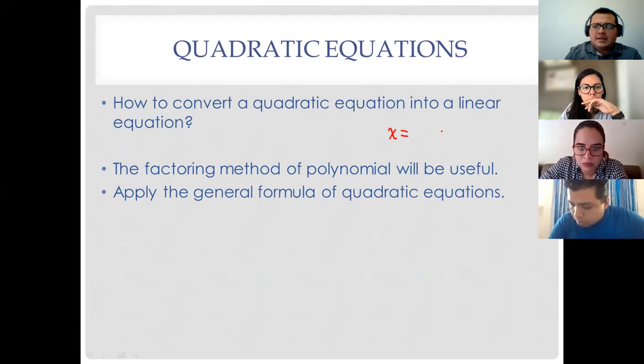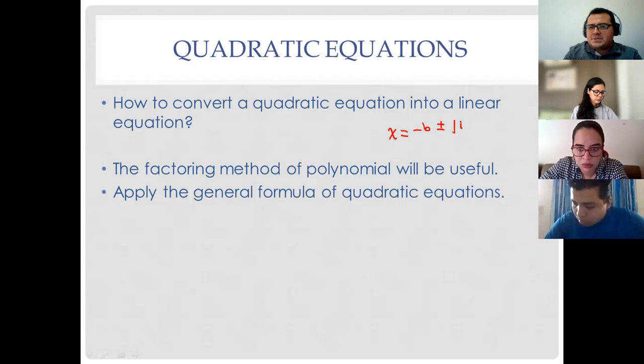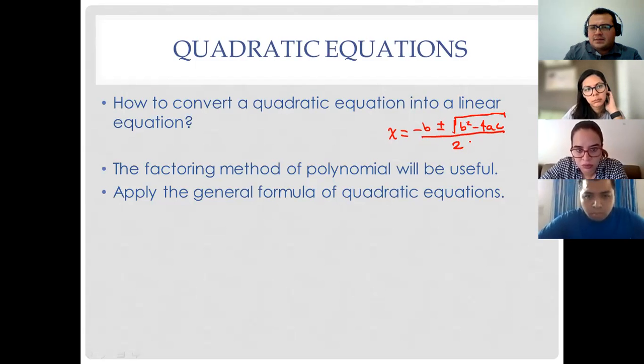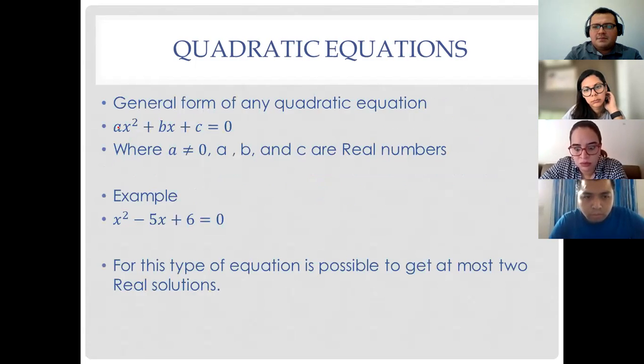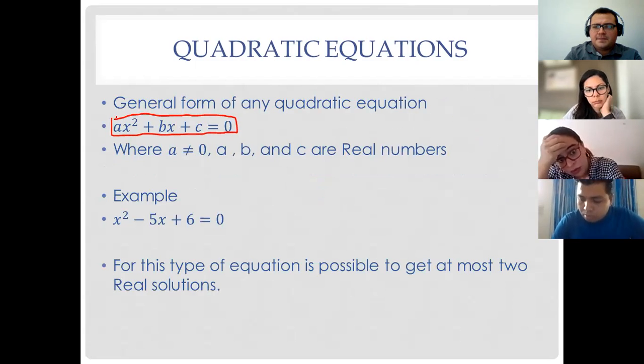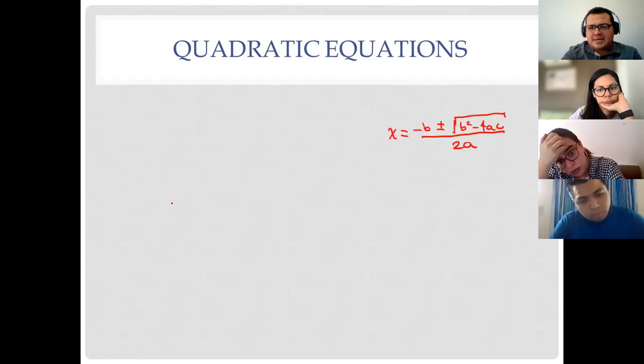It's so common in algebra topics: negative b plus or minus the square root of b squared minus 4 times a times c, divided by 2 times a, where a, b, and c are the values given by the general form of a quadratic equation. So here, for example, a is 1, b is -5, c is +6.